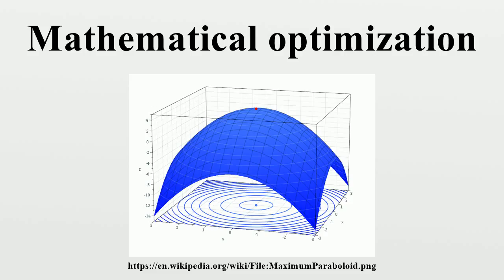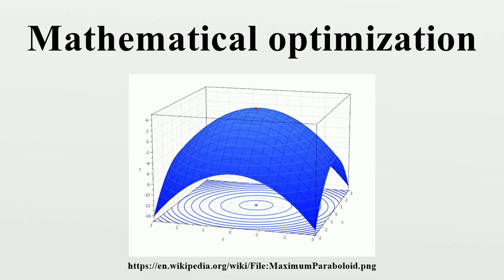Further, critical points can be classified using the definiteness of the Hessian matrix. If the Hessian is positive definite at a critical point, then the point is a local minimum. If the Hessian matrix is negative definite, then the point is a local maximum. Finally, if indefinite, then the point is some kind of saddle point.